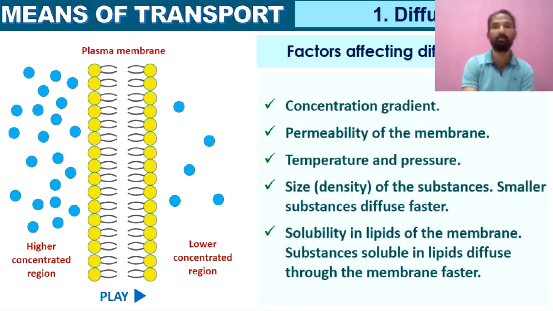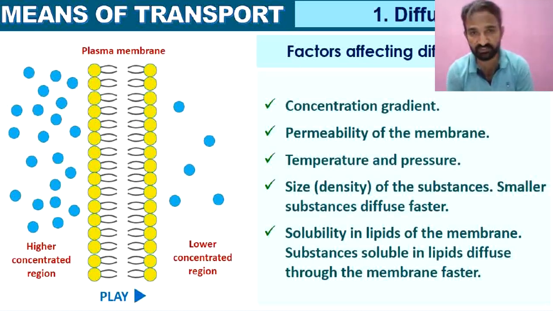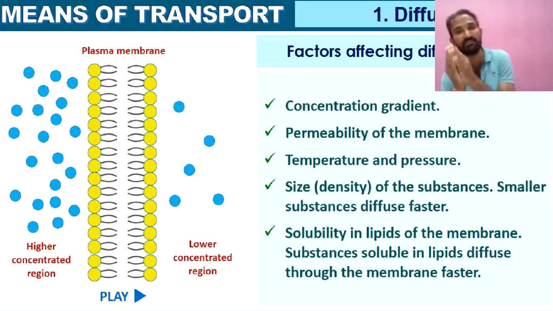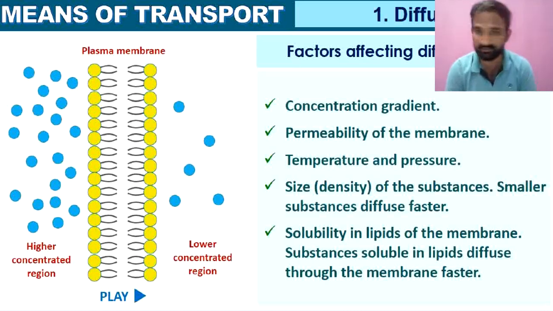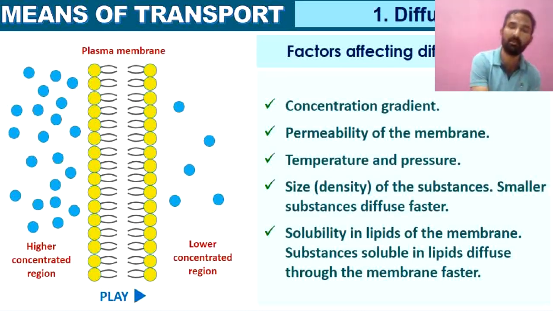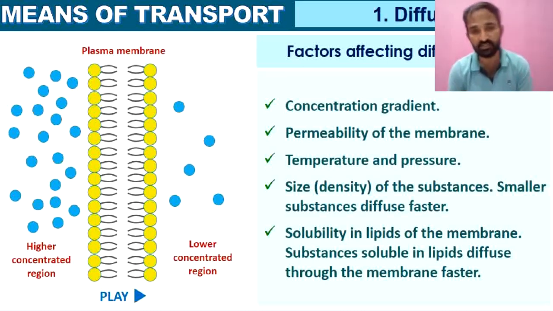Now coming to the factors affecting diffusion rates. The first one is the concentration gradient. If the concentration is different on both sides, only then does the diffusion process take place in the living system. Then permeability of the membrane: if the membrane is permeable, it allows the molecules from the high concentrated region to the low concentration region.